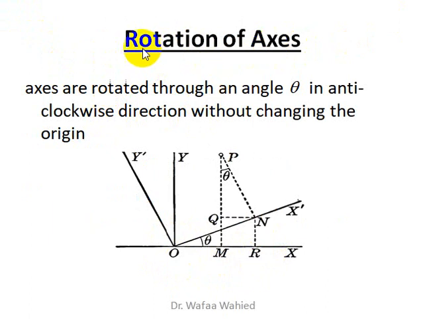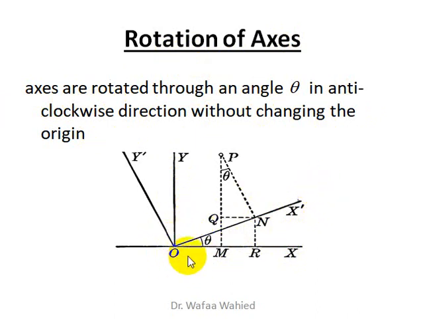Second, we will explain rotation of axis. Axes are rotated through an angle theta in the anti-clockwise direction without changing the origin. In rotation of axis, we rotate the old axes x and y with angle theta in the anti-clockwise direction, but the origin is fixed.